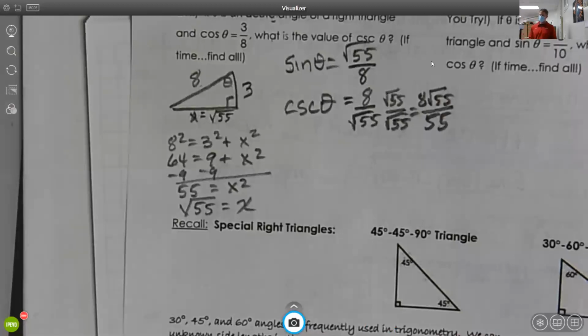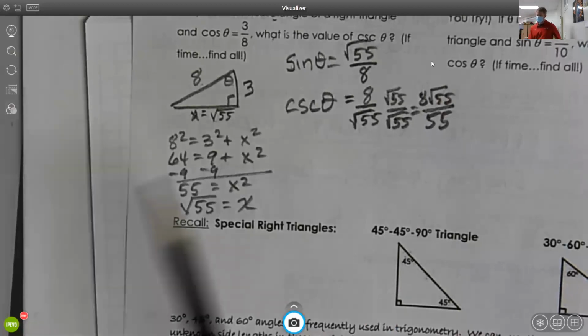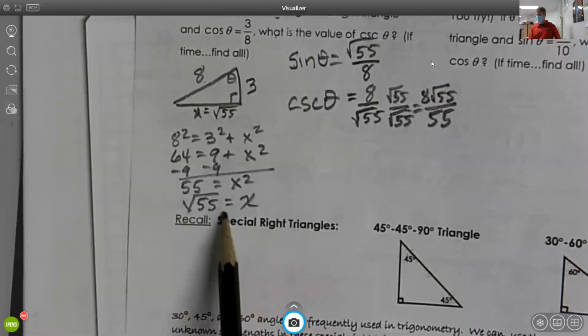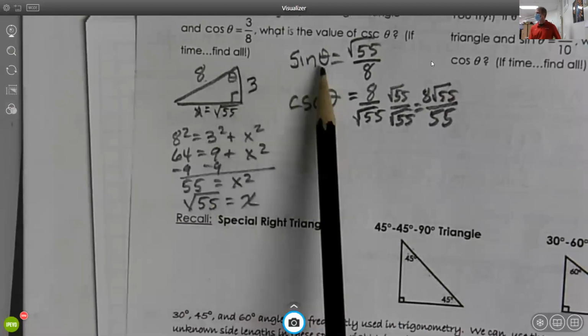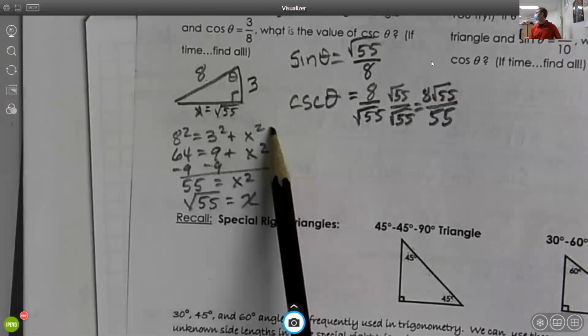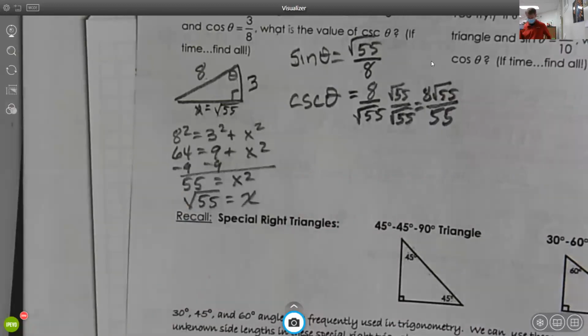You've got to be sure you write your answers in simplified radical form. So what did we do? We found the missing side of our triangle, so we could calculate the sine of theta because we need to do the cosecant of theta. You go ahead and try the next one.